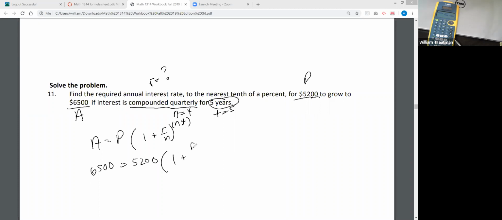R, we don't know. That's what we're trying to find. N is 4. And the power is N, 4 times the number of years, 5. Okay. So let's rewrite this. 6,500 equals 5,200(1 plus R over 4) to the 20th power, right? 4 times 5 is 20.